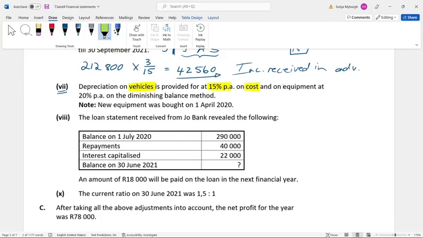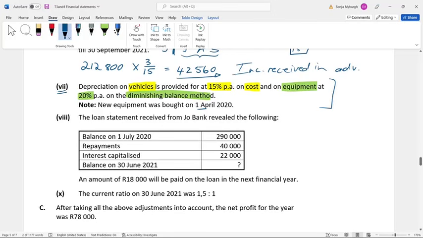On equipment, 20% per annum, diminishing balance method. Make sure you apply the correct method with a percentage to the correct asset. And they also told us that new equipment was bought on the 1st of April. But they didn't say in the information given here what was the cost price of the new equipment bought.